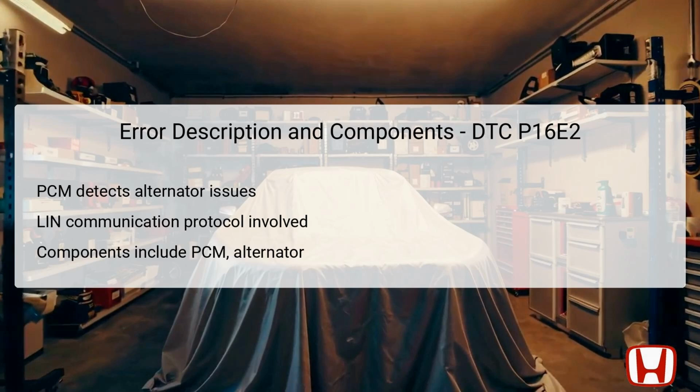In the Honda CR-V, the alternator is typically located near the front of the engine compartment, making it accessible but requiring careful inspection to ensure all connections, especially the plus B terminal, are secure and intact.